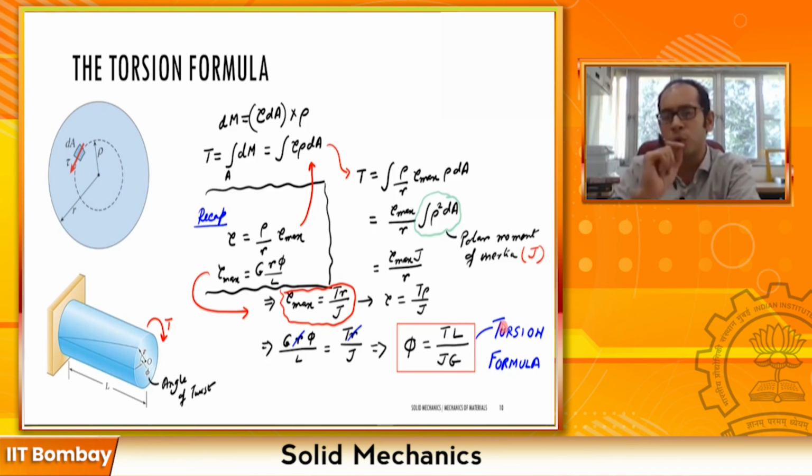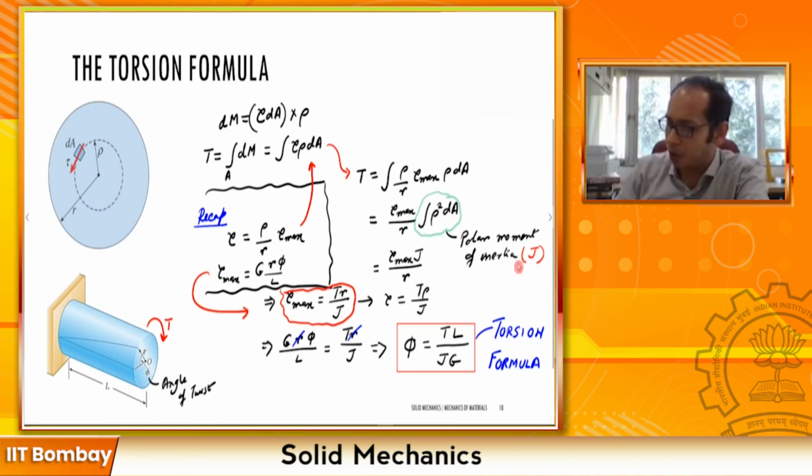Now a couple of notes about this polar moment of inertia J. I am sure you would remember, but let me just write that down as well. So for J, remember, J for solid shafts means it's completely solid. There is no hollow section.